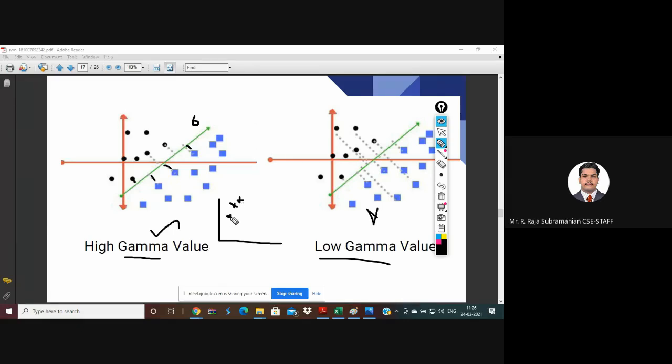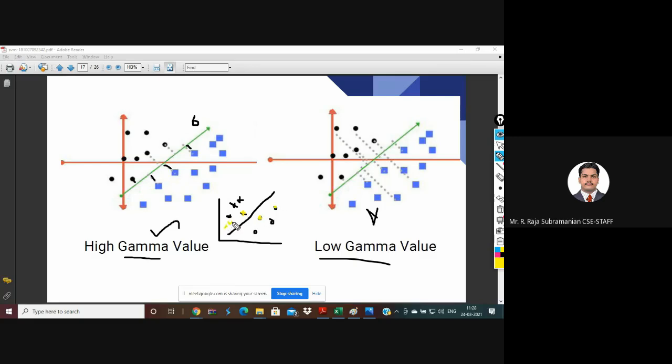If I draw an axis like this, we have two separate points. Say I have circles over here, and this is my hyperplane. What is margin here? So I'll first select the support vectors. Assume that this is one support vector for me, and this is going to be another support vector for me. Then what will be the margin?